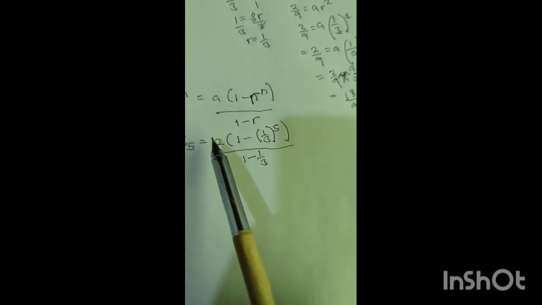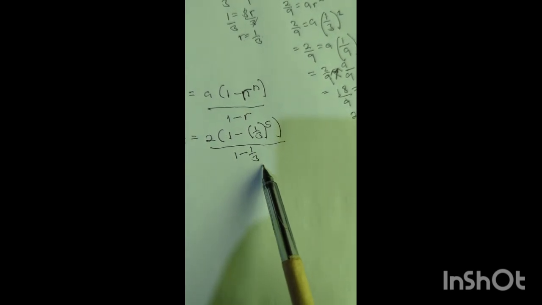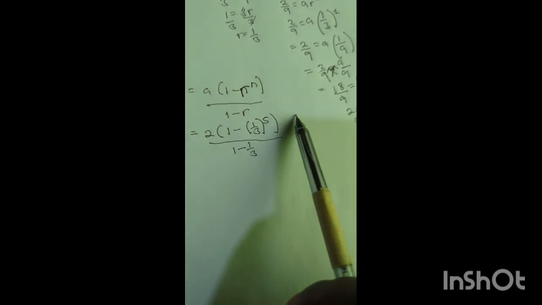So how do you punch? You first punch what is in here: 1/3 to the power 5. Then with the answer you find, you say 1 minus that answer, multiplied by 2. You write it. Then again you punch 1 minus 1 over 3, and you divide the earlier answer by that.